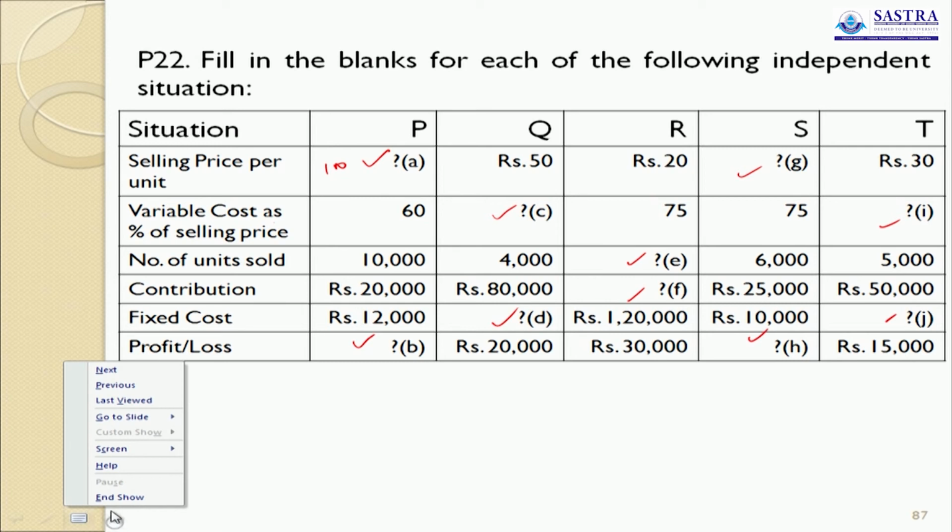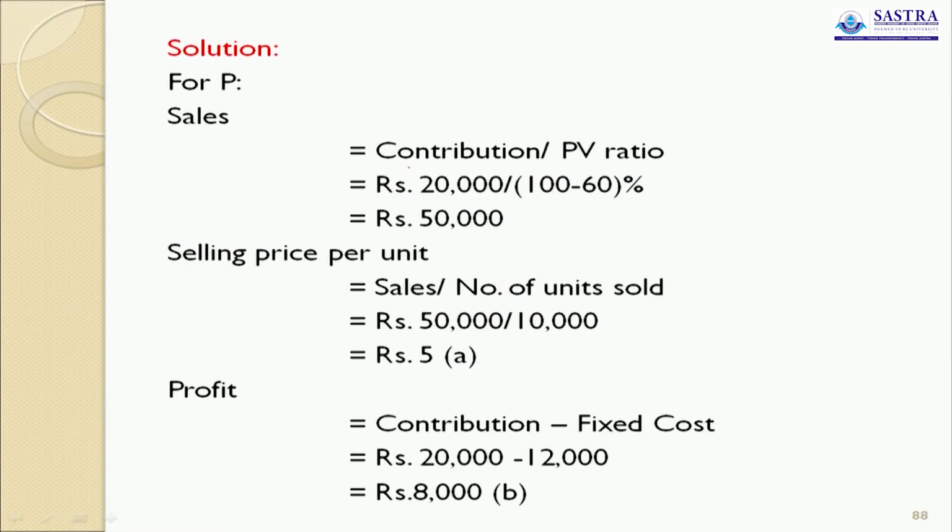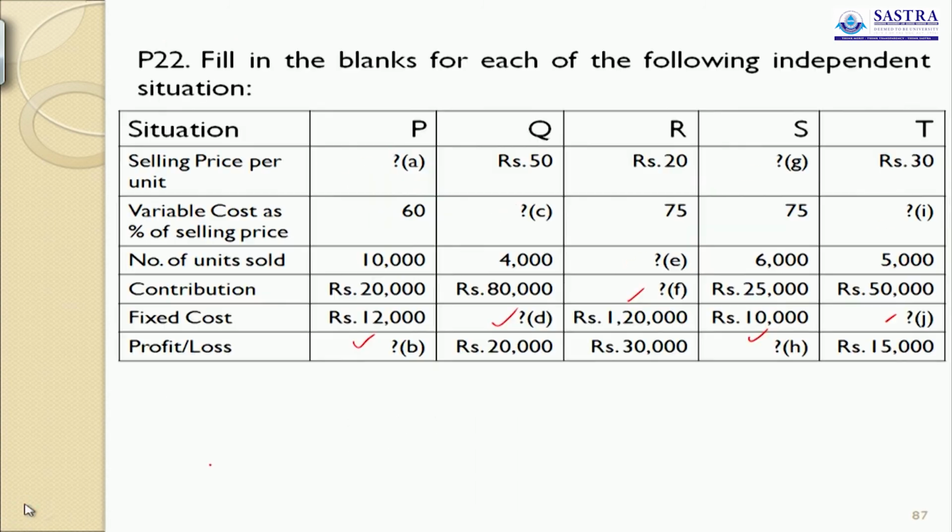So now we go for the answer. Sales, contribution, PV ratio. Here, if you assume that selling price is equal to 100, and variable cost percentage on selling price is 60, then contribution is equal to 40%.